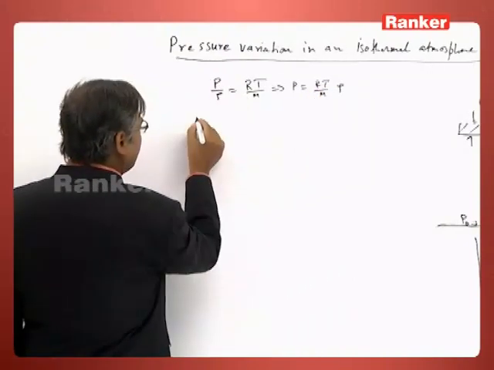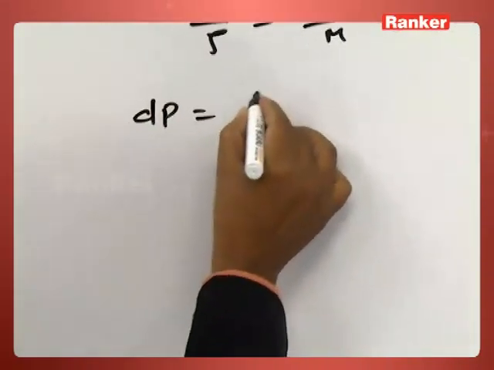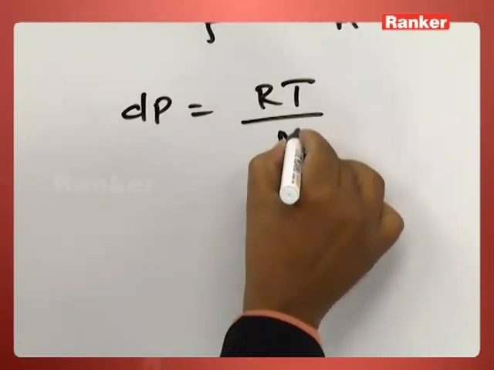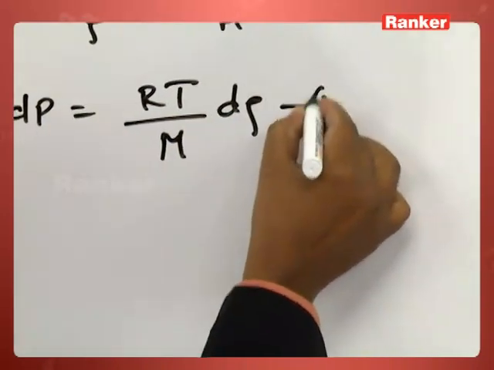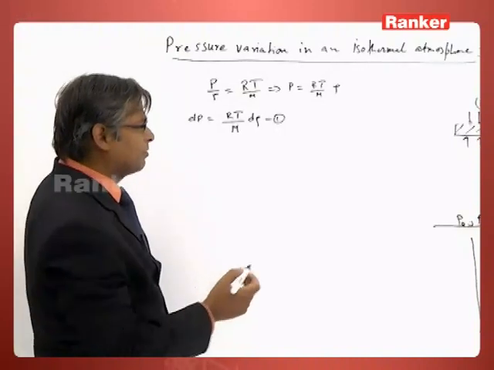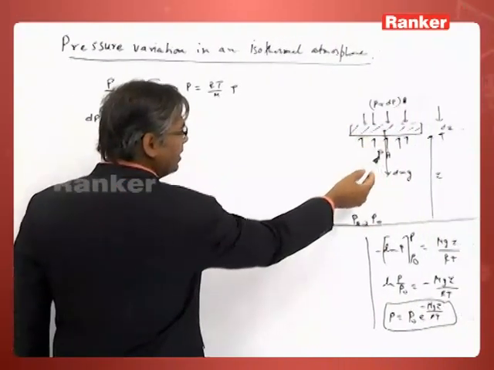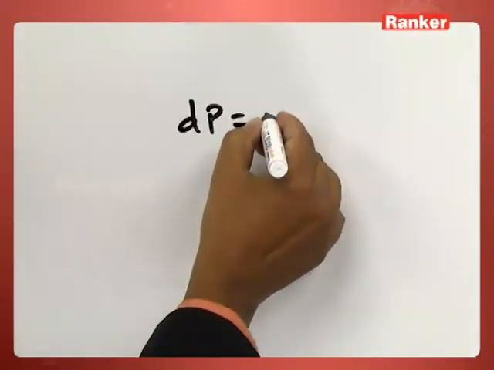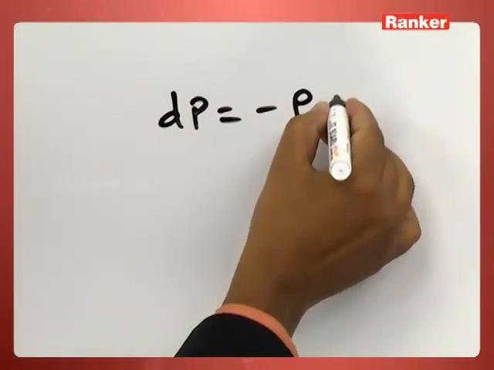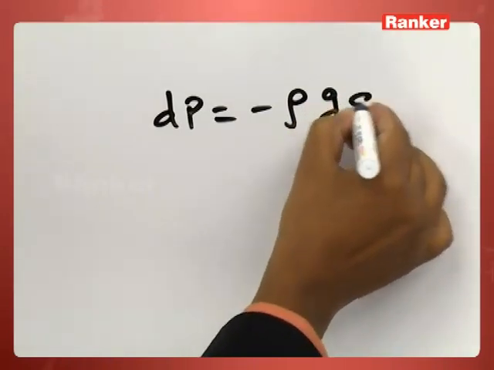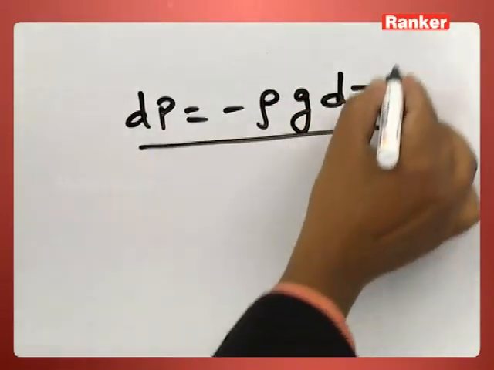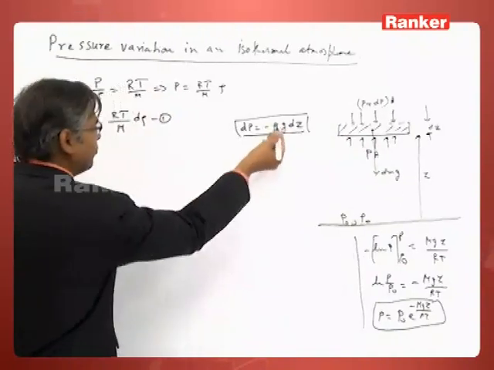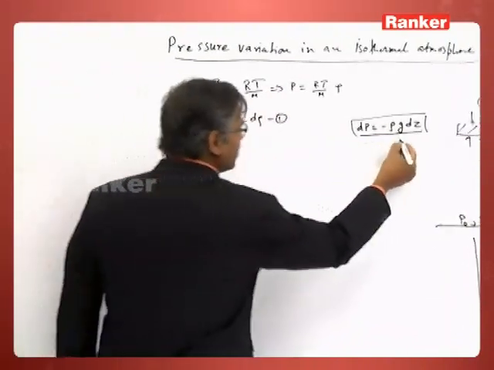Taking the differential, dP is equal to RT by M d rho. Let it be equation 1. Now we have seen from the earlier equation that the change in P, that is dP, is equal to minus rho g dz. We will assume this as equation 2.